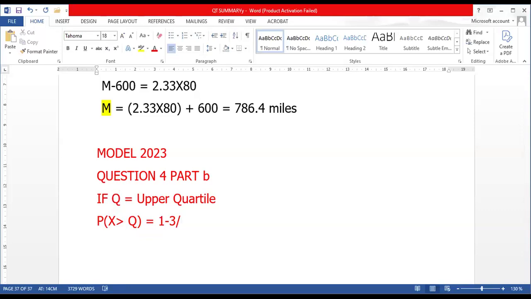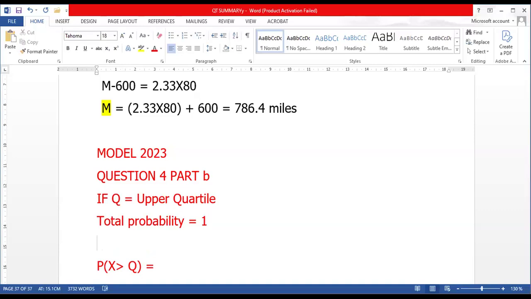And the total probability, remember the total probability is equal to 1.